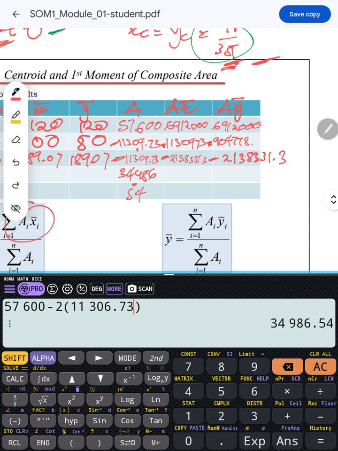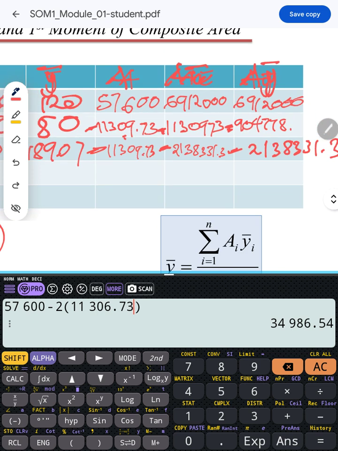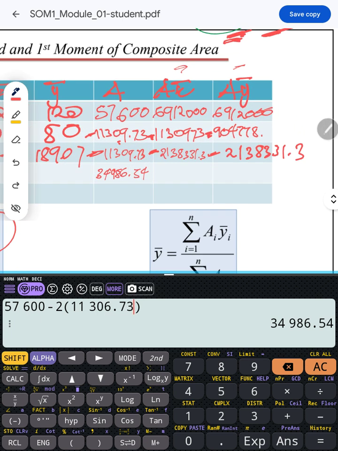I'm just writing it down because I can't find it somewhere. Let me write it there. 34986.54, right? That's for A. And now we need A, we need this and then this, right? So for the AX, we are adding them up.